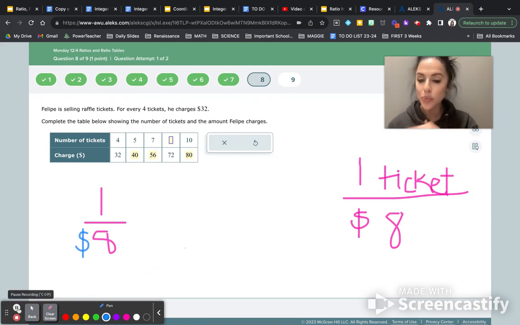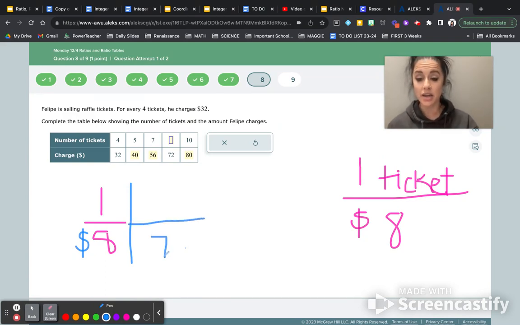So on this last one, we're given a little bit of different information. Instead of knowing the number of tickets, we know the cost. So we're going to start off with the cost instead. So I'm going to set it up to be equivalent, right? My cost is $72, right? So that's what this is, $72. And I want to know how many tickets that will get me. Okay, it's the same setup.